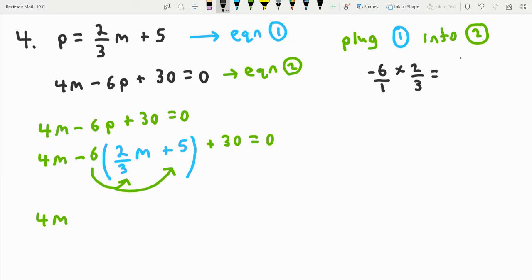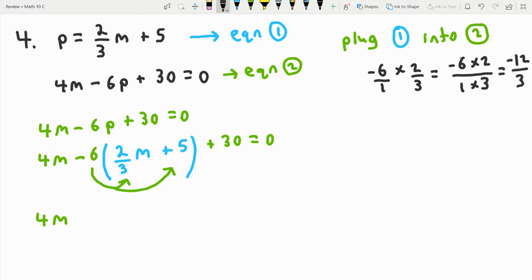So you have negative 6 times 2, and for the denominator, 1 times 3. Negative 6 times 2 gets you negative 12, and 1 times 3 just gets you 3.